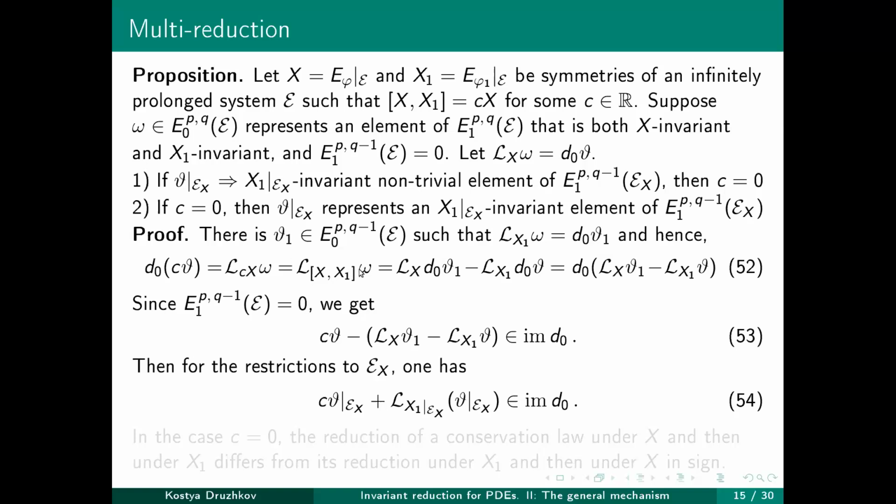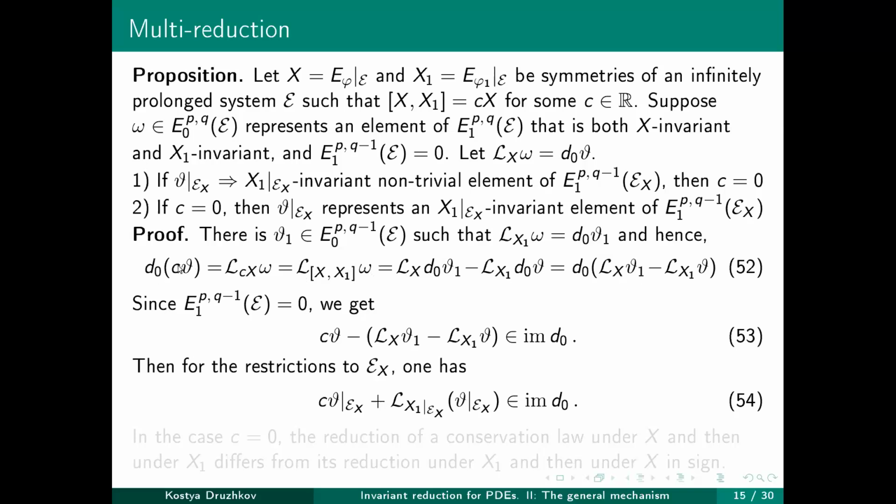Then we have the Lie derivative along this commutator, but the Lie derivative along the commutator is the commutator of Lie derivatives. When we apply the Lie derivative with respect to x1 to omega, we get d0 of theta1 here, and we apply the Lie derivative with respect to x, then minus the same story about the second term. And eventually, since Lie derivative and d0 commute, we get d0 of something, right?